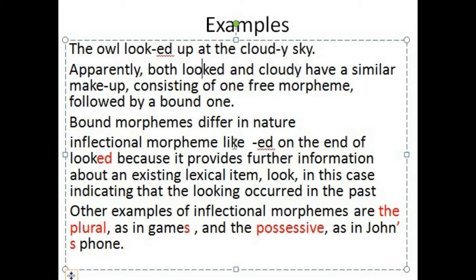So the bound morphemes differ in nature. How are they different in nature? We have an inflectional morpheme like -ed on the end of the word looked, because it provides further information about an existing lexical item, the main verb look, in this case indicating that the action of looking occurred in the past.